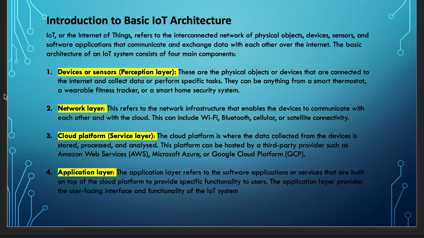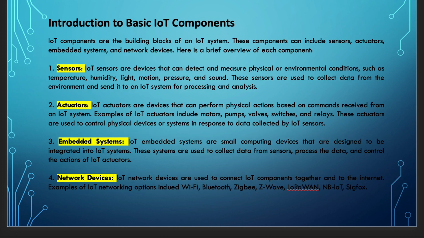I highlighted that when coming into the embedded IoT part, we will mainly be talking about the perception layer and network layer. Then we looked at the components of the IoT.